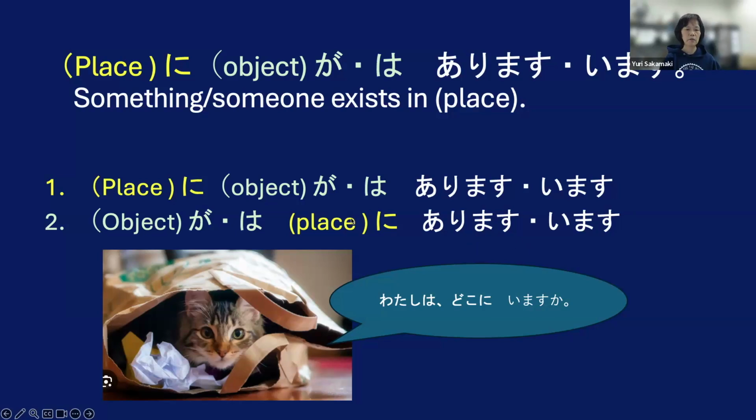Remember the word order in Japanese is very flexible as long as you're using this place and ni together. Don't separate them. They're in a beach ball, so they're together. Or object and ga, object and wa. As long as they're together, you can flip the word order for these two. And typically, not always, but typically we use verbs or desu sentences at the end.